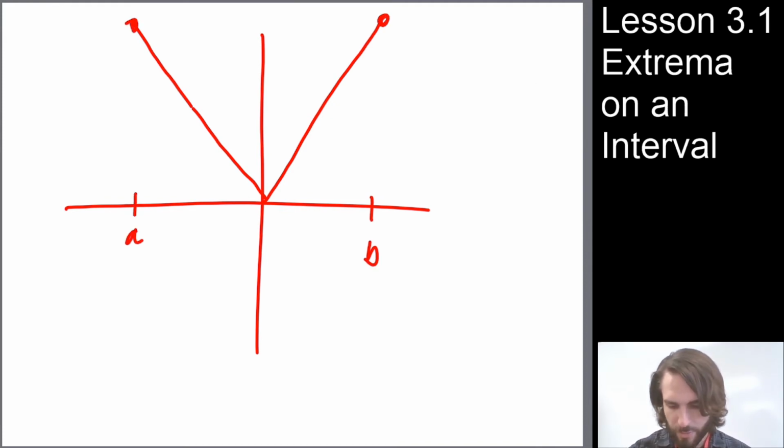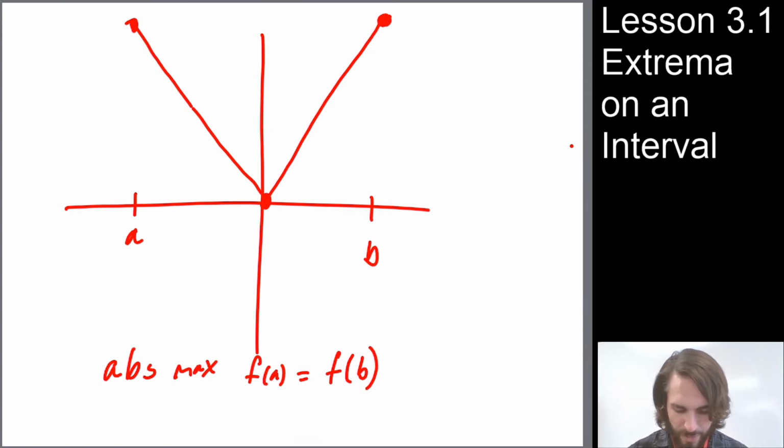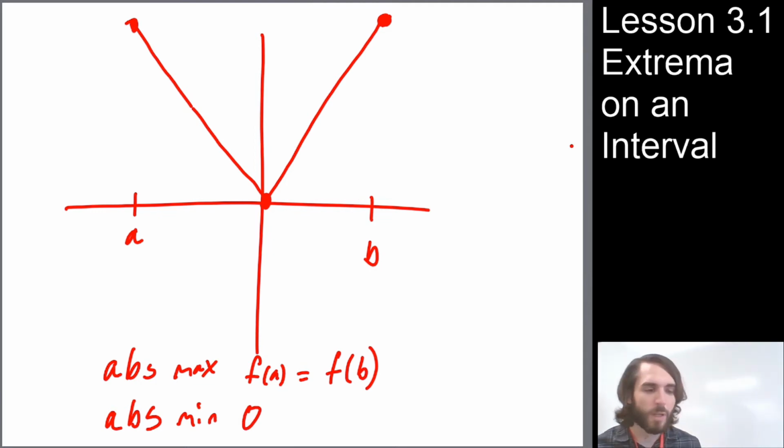Hopefully you can guess here that we have absolute maxes at f of A equals f of B. We have an absolute min there at f of 0, which is just 0. Absolute min value of 0. So there's a couple looks at that, and you'll see some more on your homework as you do practice problems of different absolute maxes and mins and relative maxes and mins.